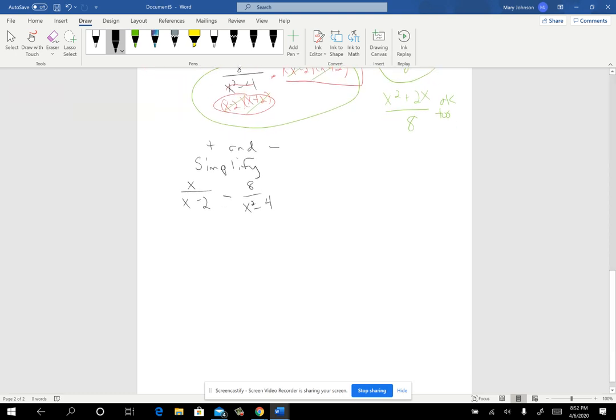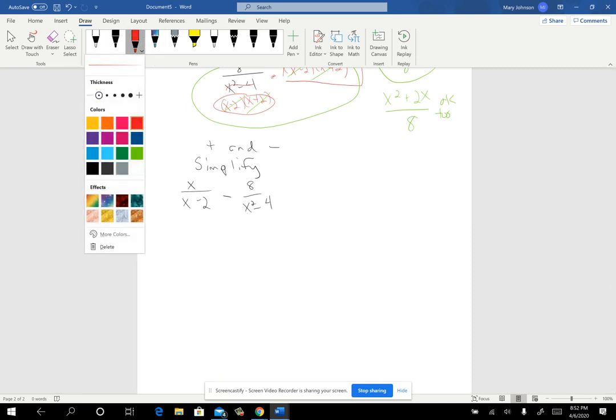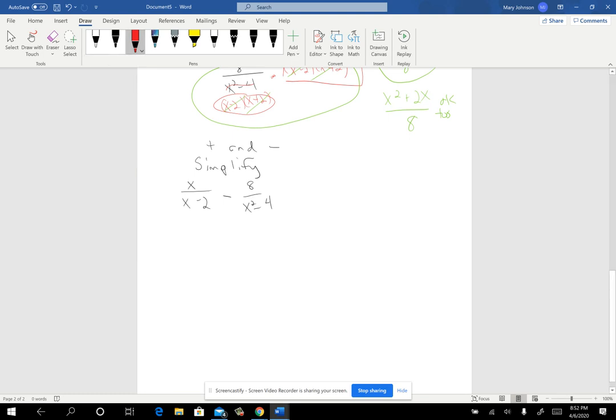All right, so the problem with this is you can't just clear the fractions because you don't have an equation and you don't have a fraction divided by a fraction. So you can't multiply by something and make those fractions go away. So you're still going to need to get everything factored in the denominators.